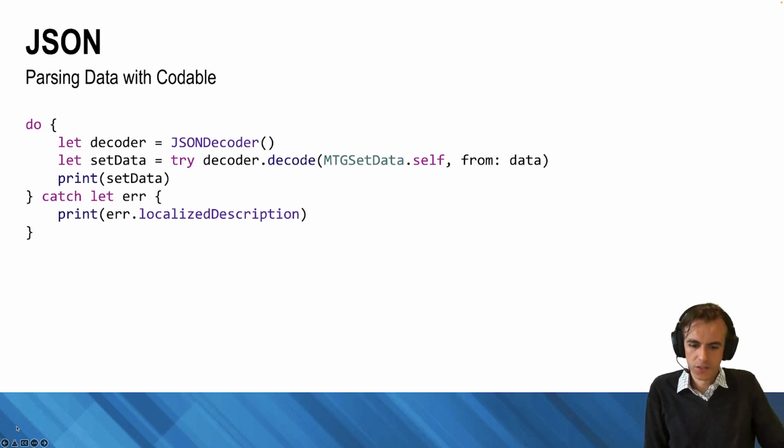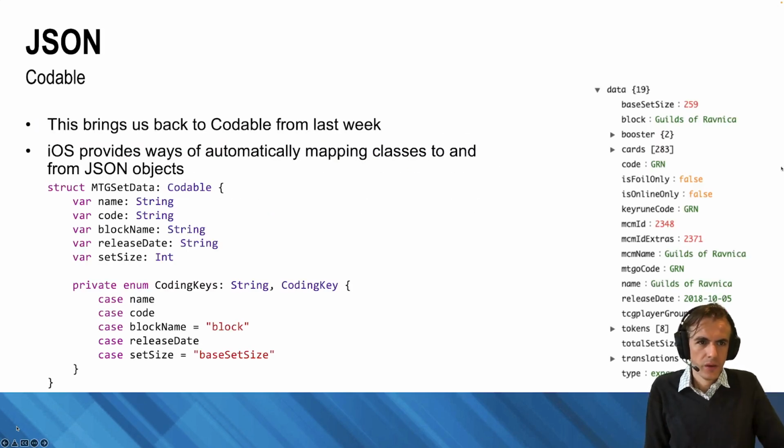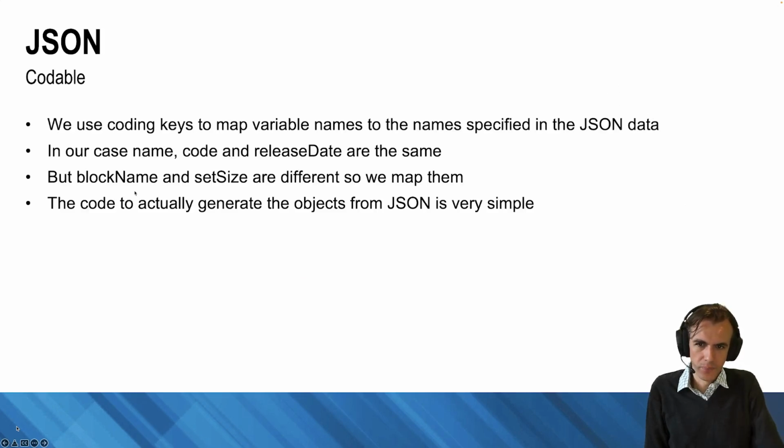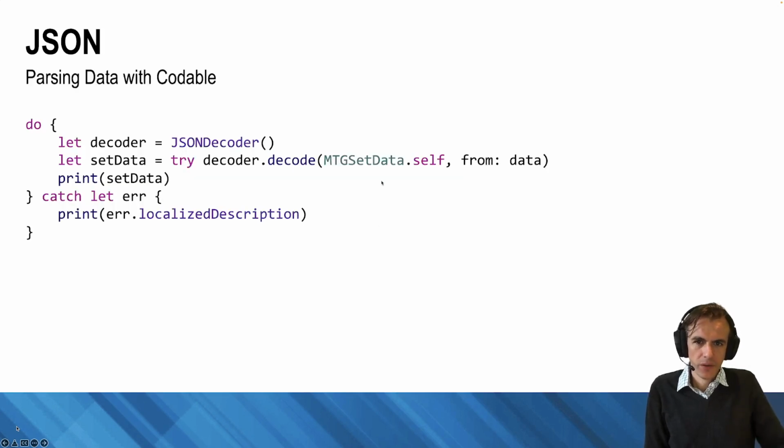So in this case, we see that the top level thing is an object with 19 properties. We're just using 5 of those properties. So the thing that's been given to us is this object, and we can specify it here by just giving the self property of this particular class.